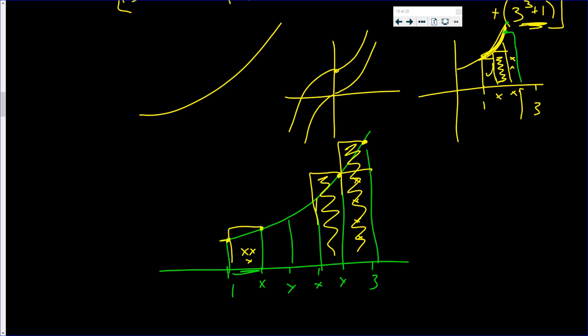That is, we never included something with that height. So it's the first and last that changes. That's only if the function is strictly increasing or strictly decreasing. That finishes this section on approximating areas using upper and lower rectangles.